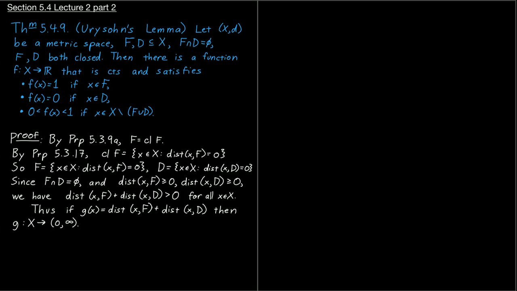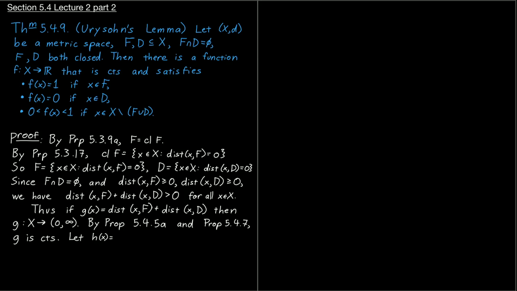And by the previous proposition, the two components, distance to F and distance to D, are both continuous functions. So by proposition 5.4.5a and the theorem we just proved, proposition 5.4.7, g is continuous.